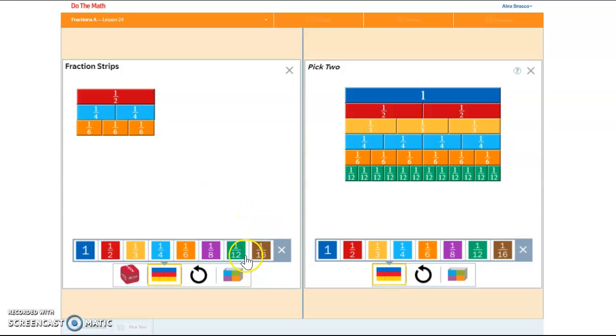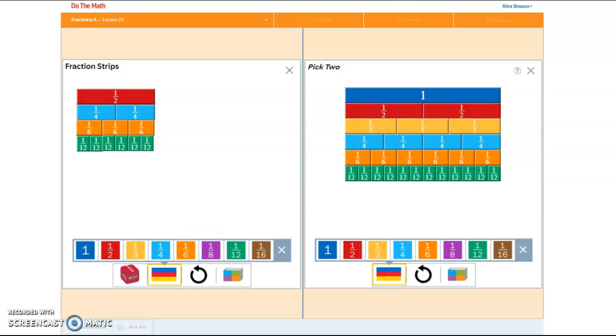And last but not least, we could actually do twelfths. How many twelfths do you think would fit? If 2 fit under 1/6, then how many would fit under 3/6? Sometimes these fraction strips don't want to play fair. Okay, exactly.